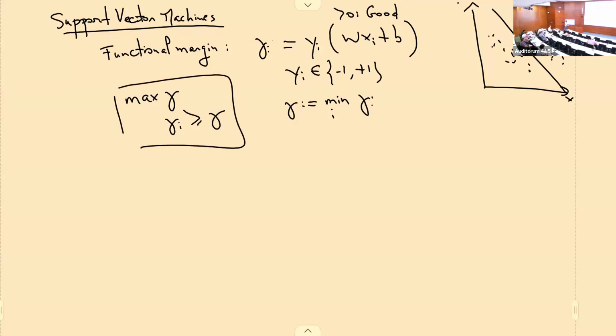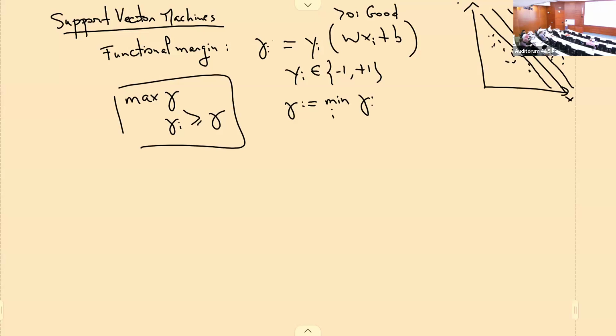So the functional margin, for each point, gamma i gives me a line, and I want to find the one that really separates the data as much as possible. I don't want this line here, I don't want this line here. I want the largest gamma such that all the gamma i's are greater than it.